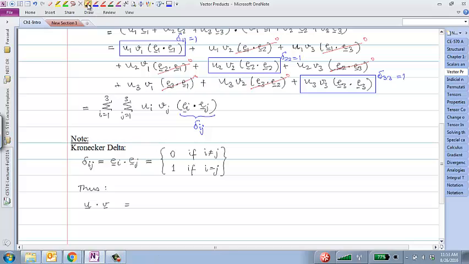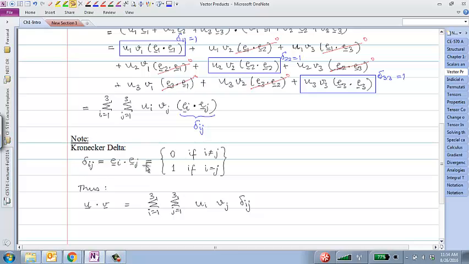And I'm going to write that as sum i 1 to 3, sum j 1 to 3, ui vj delta ij. Now the very cool property of this Kronecker delta is, since most of the values of delta ij are actually 0.